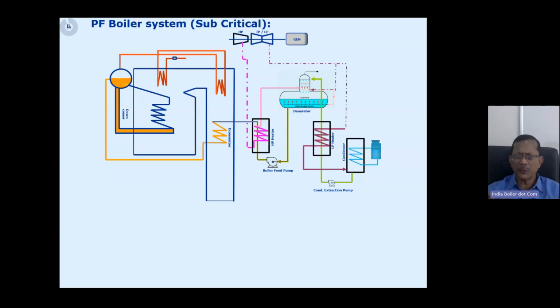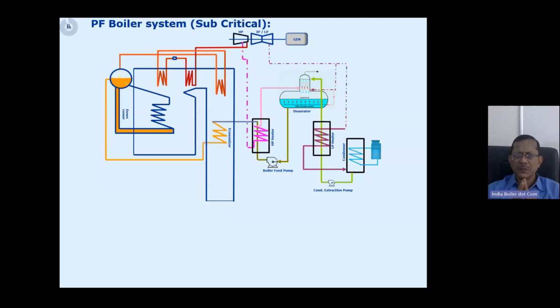Then there will be a couple of superheaters: the platen and final superheater in the furnace itself. The platen and final superheater will most likely be located above the gooseneck, and the main steam at a pressure of around 150, 160, 180 kg per centimeter square, with a temperature of around 540, 550 degrees, goes to the HP part of the steam turbine.